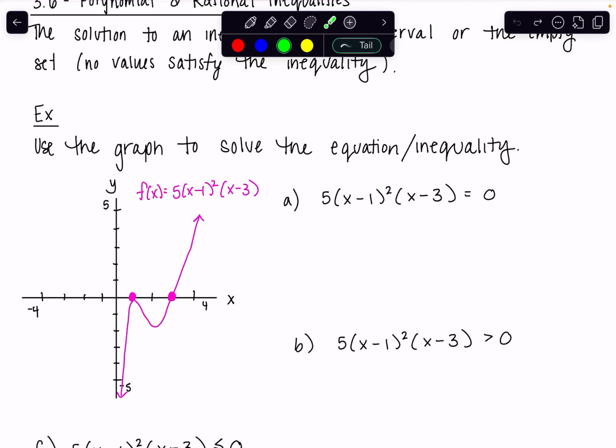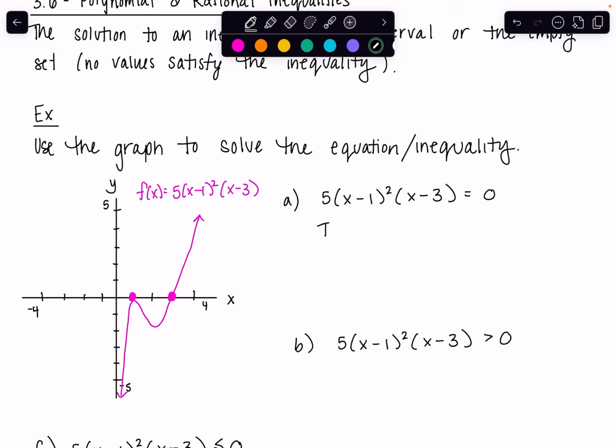If I want to figure out where this is equal to 0, that's the same thing as figuring out the zeros of the equation. This one's not bad, it's something you could solve. The two values that make this equal to 0 are 1 and 3. Utilizing the graph, it touches the x-axis at 1 and 3, so our two solutions are 1 and 3.